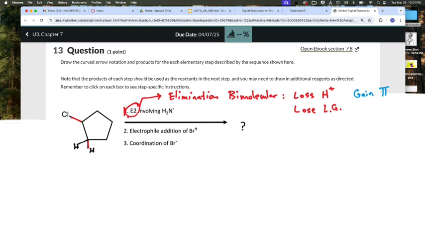So which is the better leaving group, chlorine or the hydrogen? Why chlorine? We can push to electronegativity. Remember, the leaving group, by definition, takes the electrons with it. So we'd be looking at Cl- versus H-. Which would be more stable on its own?